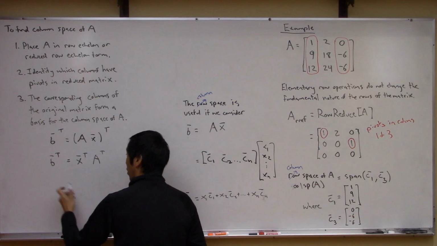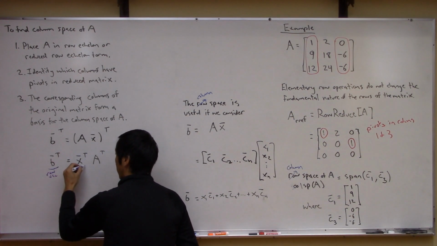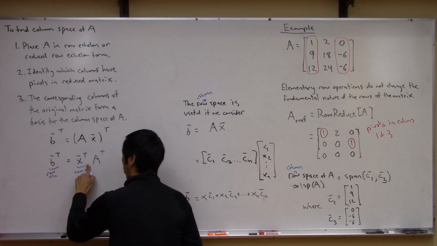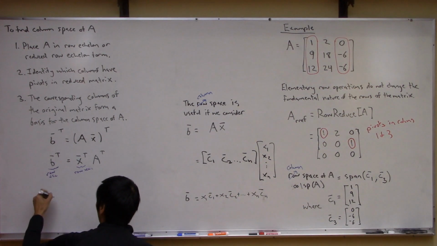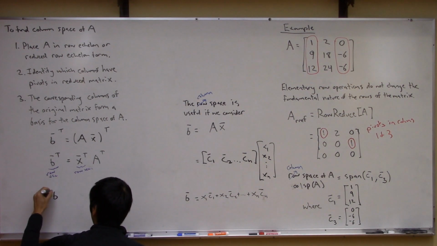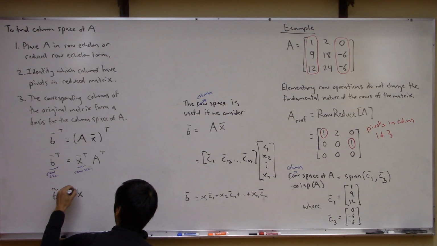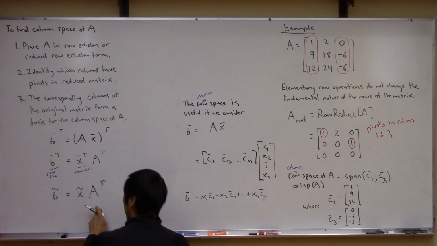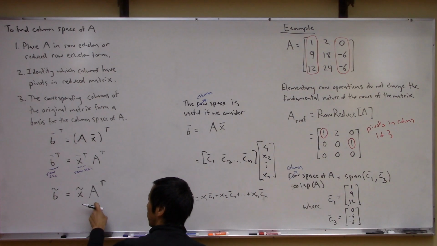Now this is a row vector, and same thing with this X, this is a row vector. Let's call these something else. Instead of a bar, let's call this B wiggle for a row version of this. Let's call this X wiggle, and then this thing is now A transpose. Doesn't this look a whole lot like the row space discussion we had just a few minutes ago?